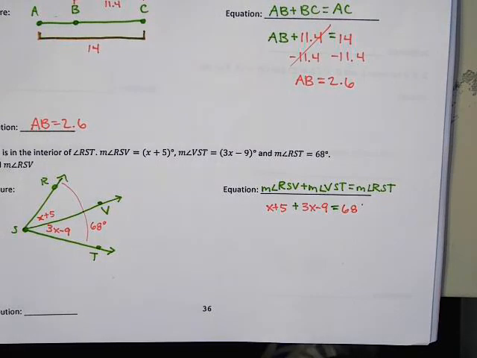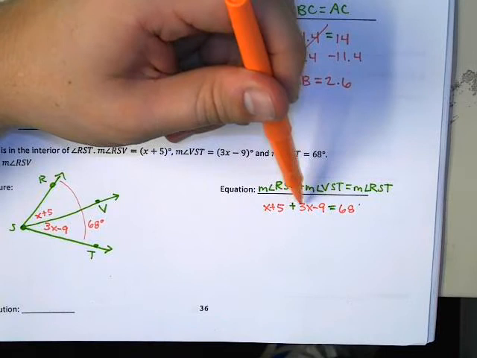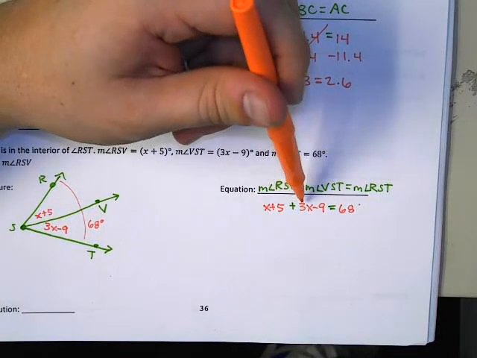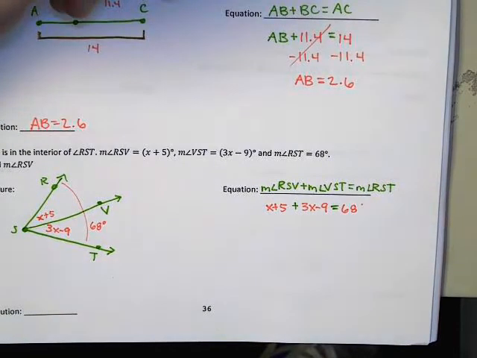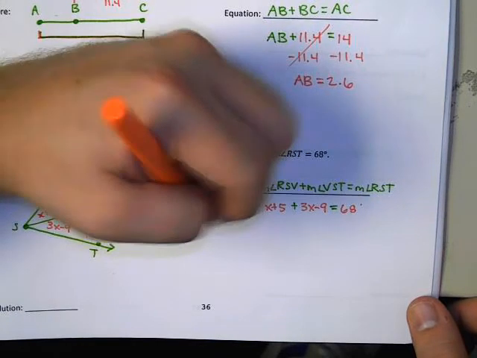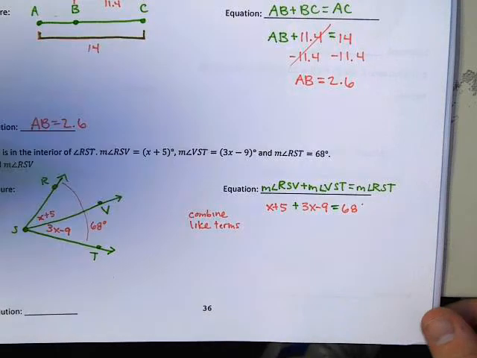So we need to clean this up. This isn't quite as easy as our problem from above, but it's not bad. There are a couple of different terms that have x's and a couple of different constants. Hopefully you remember we can combine like terms, however you want to do it.